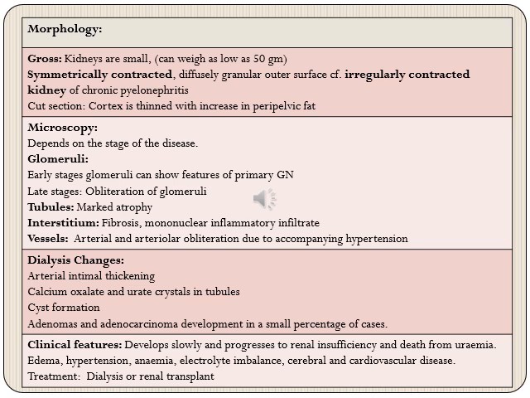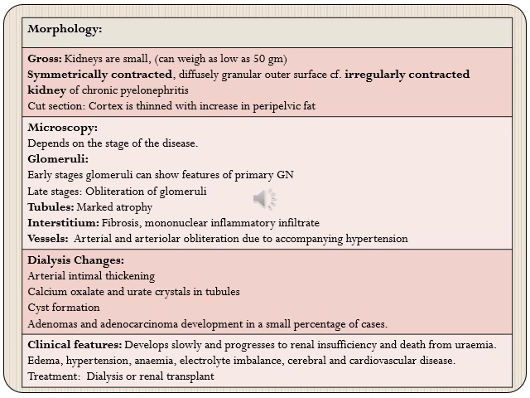Then tubules will show marked atrophy. Interstitium will show changes like fibrosis and mononuclear inflammatory infiltrate. And vessels will also be involved. Arterial and arteriolar obliteration will be there, and this will be because of accompanying hypertension, because glomeruli are involved.